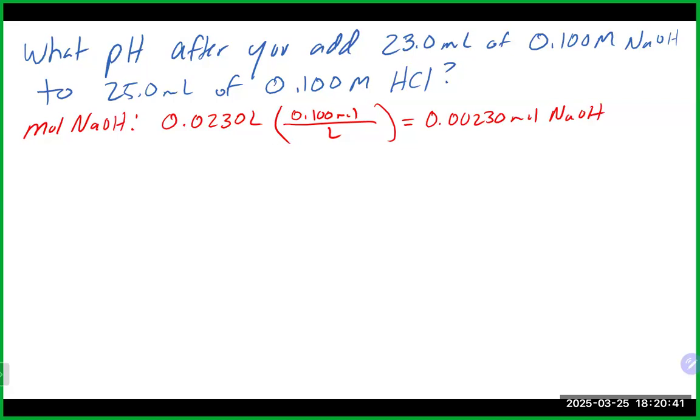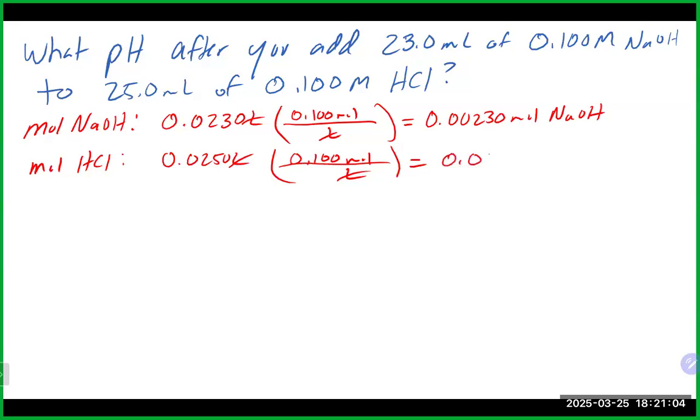We'll do the same thing for our HCl, our moles of HCl. 0.025 liters. Again, divide by 1,000 or move it over 3 places. Moles per liter, our liters are going to cancel here, and that'll get us 0.0025 moles of HCl.